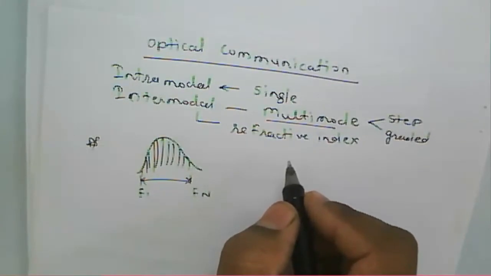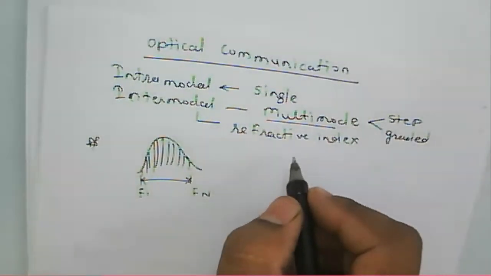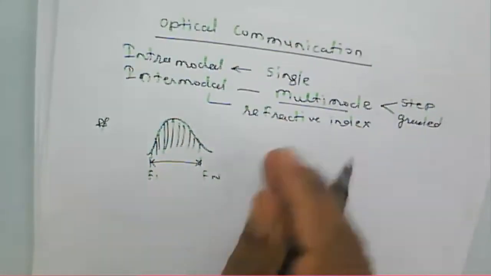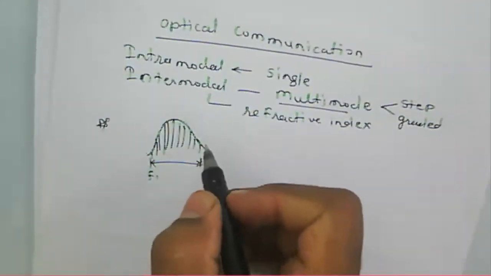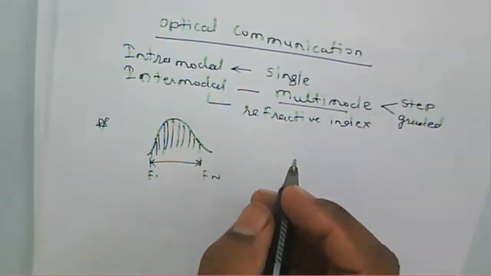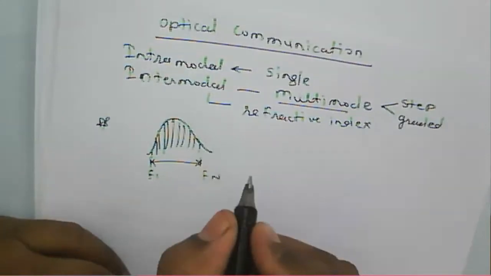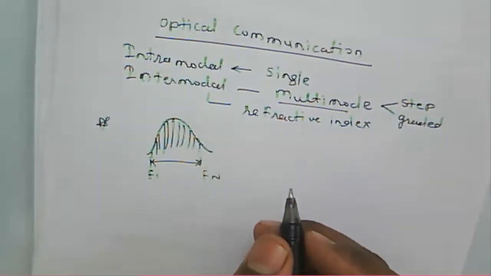Means you can say the slowest mode, or the fastest mode. When there is a difference in the frequency components, they will reach at different times. That's why pulse broadening takes place.